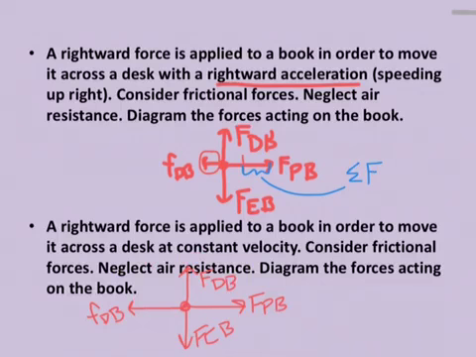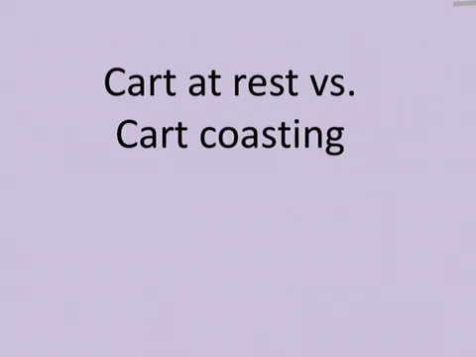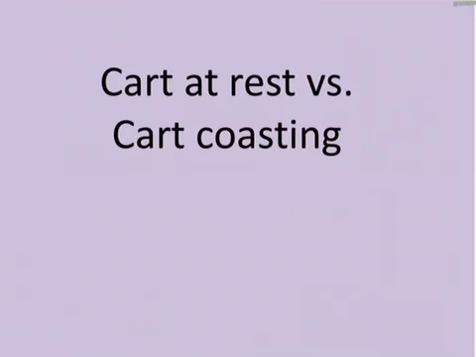And also again, note, when we draw force diagrams, you only draw it for one object at a time. So again, the second letter in all of these is the exact same because we're only focusing on one object at a time. All right, we'll do these two examples, a cart at rest versus a cart coasting. So a cart at rest, so we've got our dot.